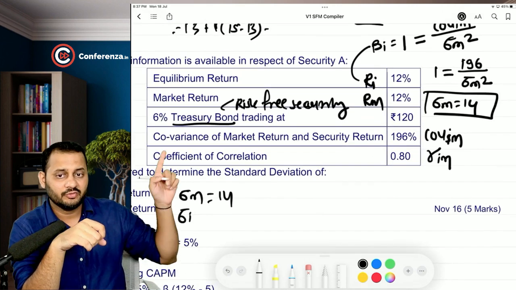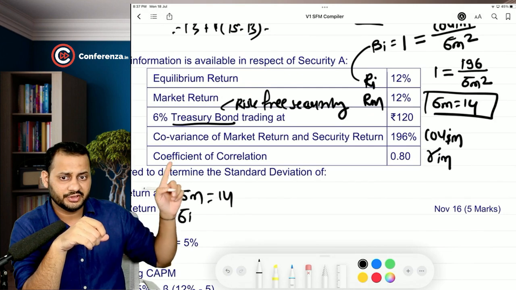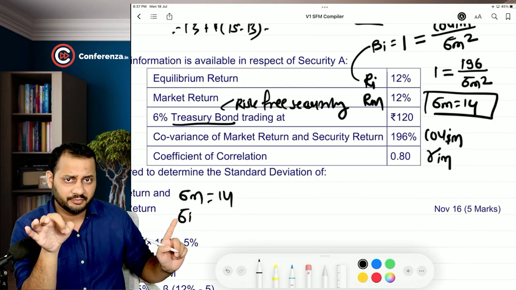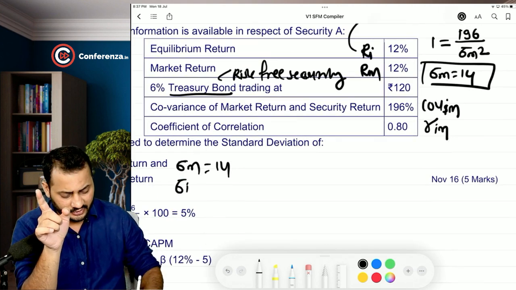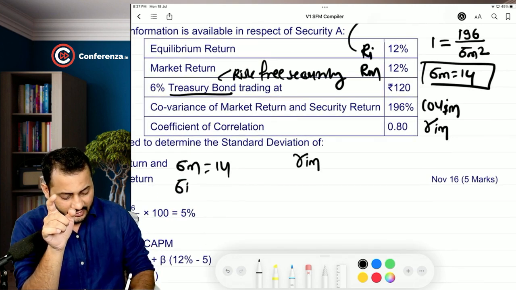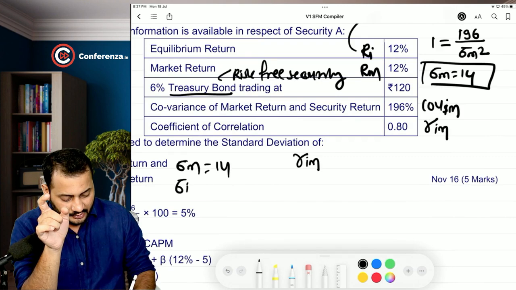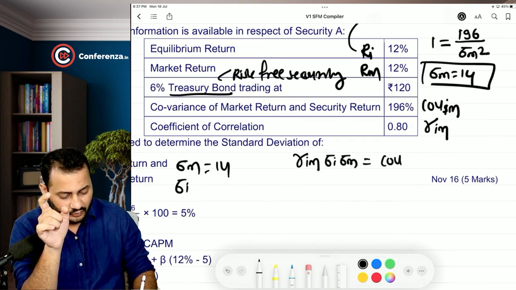Now use the formula of the correlation coefficient. In which formula will the standard deviation come now? In the coefficient of correlation: RIM into standard deviation of I into standard deviation of M is equal to covariance of IM.